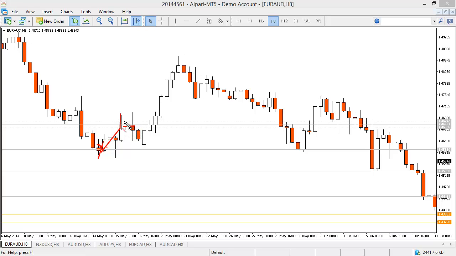The wicks are just showing that buyers are pushing up through this area, but sellers are fighting them. So sellers are fighting against the buyers and they're pulling them back down. But the bodies are the more significant part, because that's where you see the buying and selling happening. That's where you see sellers opened up here and they push price down. So always try to aim for the bodies. The wicks are not as significant.